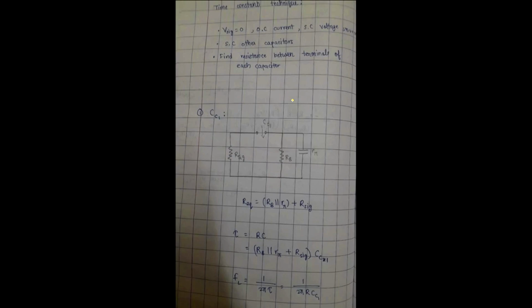Here we short circuit all voltage sources, we open circuit all current sources, and the other capacitances are short circuited. First let's talk about CC1. That means CE and CC2 have been short circuited, and the sources have also been short or open circuited.